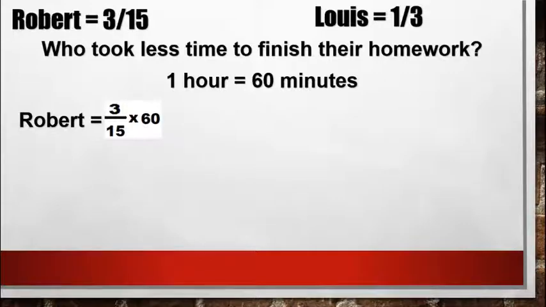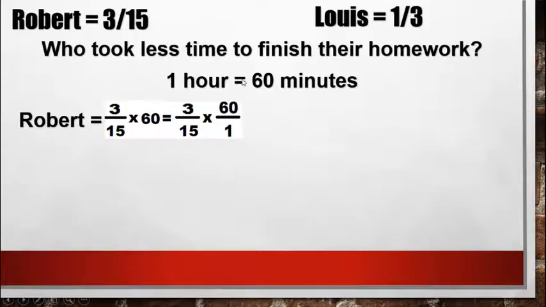If we are multiplying this kind of equation, we need to convert our whole number into a fraction first. So we copy 3 over 15 times. Always remember, when converting a whole number into a fraction, the denominator is always 1. So we got 3 over 15 times 60 over 1.